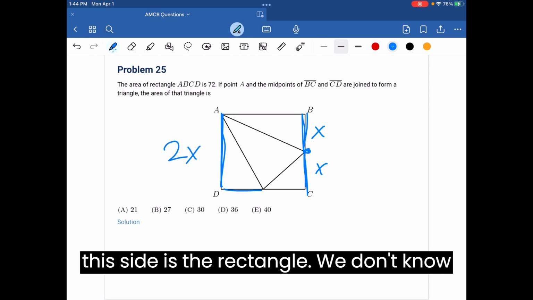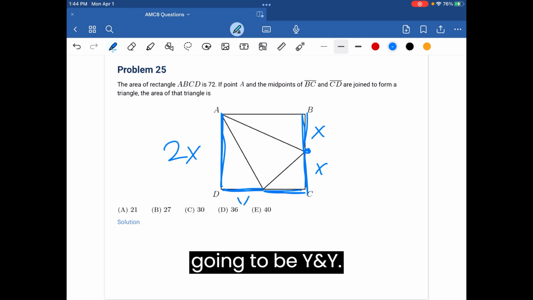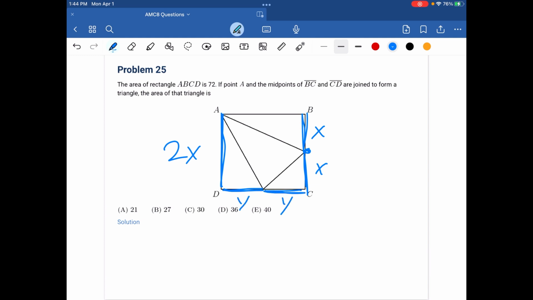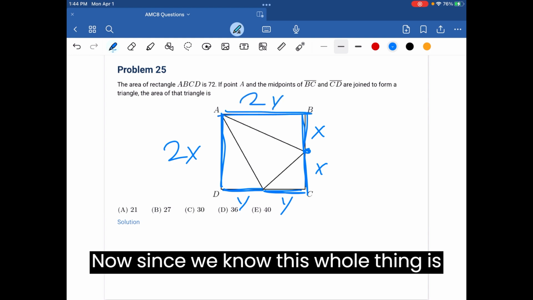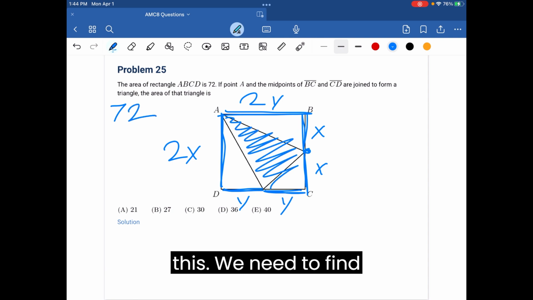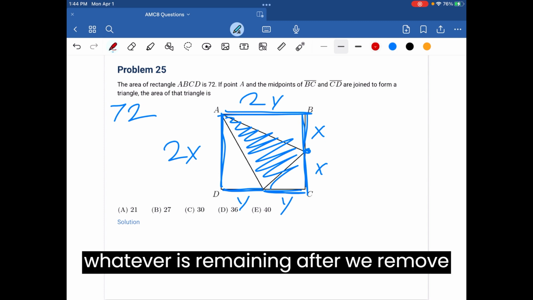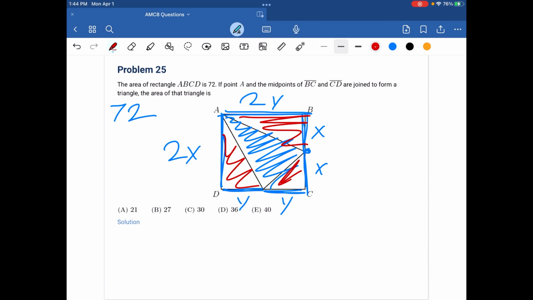And then this side, since we don't know if they're the same, is just going to be y and y, and then this would be 2y. Now, since we know this whole thing is 72, and we want to find this, we need to find whatever is remaining after we remove all of this stuff.